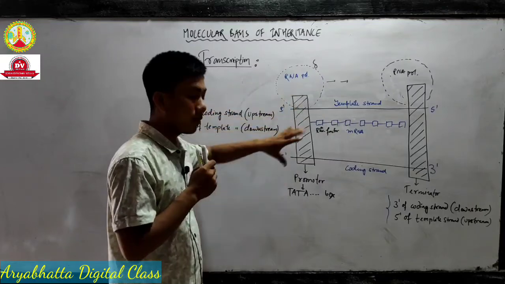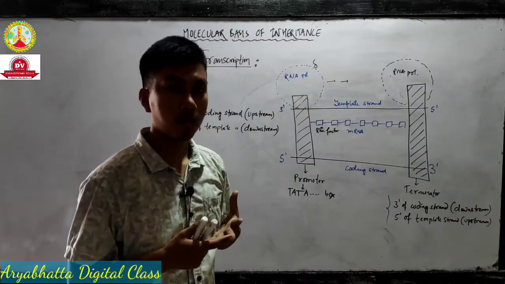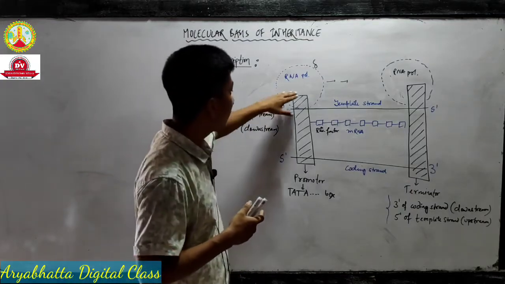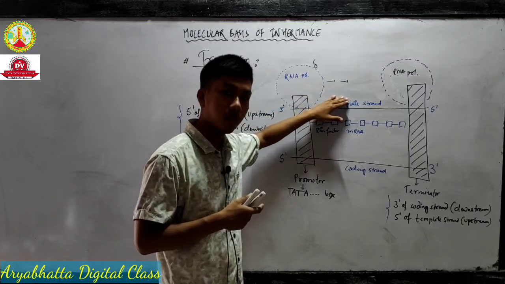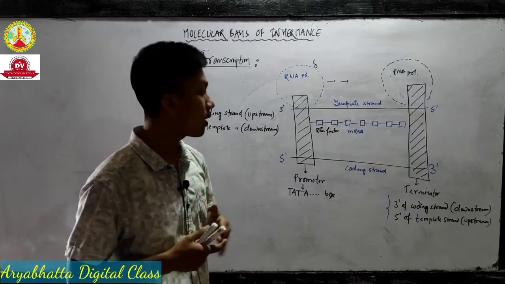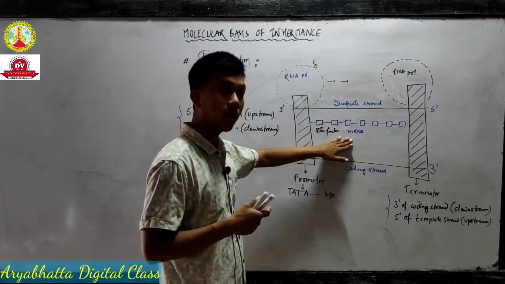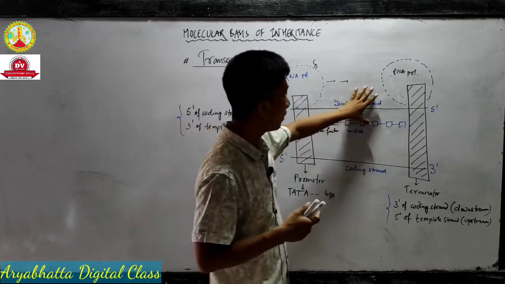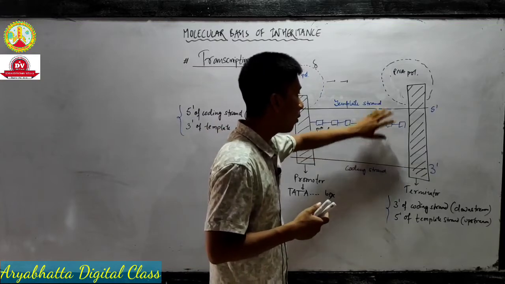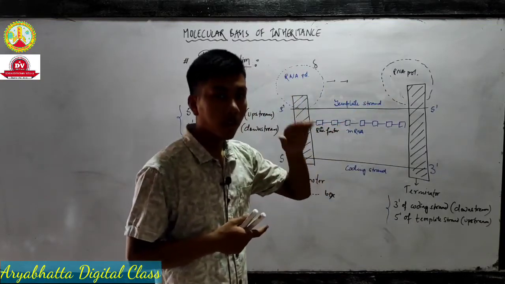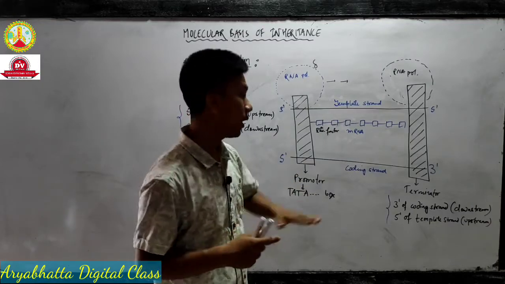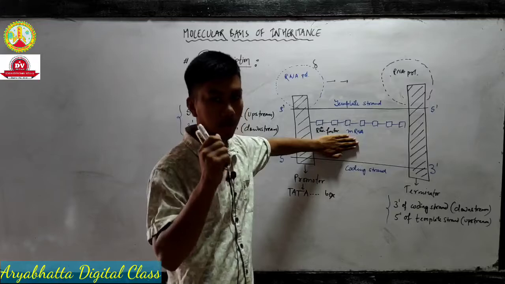Once it binds to the promoter sequence, it slides over the template strand and synthesizes a new mRNA along with it, until it reaches the terminator sequence. When it reaches the terminator sequence, all the enzymes and subunits fall off. Then a new mRNA has been synthesized.